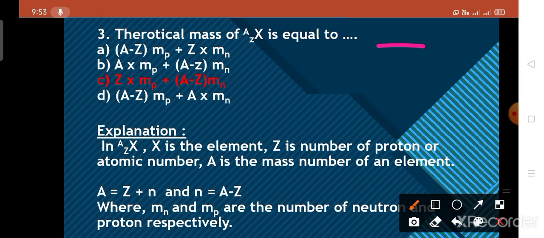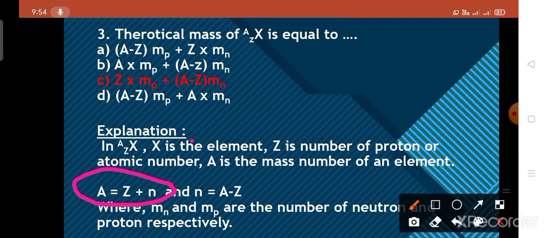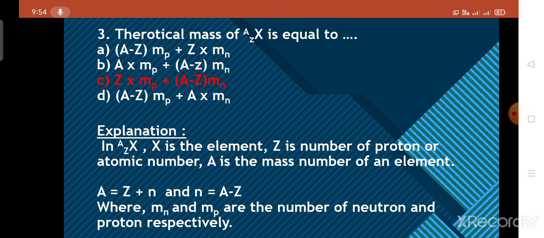Now the third MCQ: the theoretical mass of an element X is equal to. Here X is the element, Z is the number of protons or the atomic number, and A is the mass number of the element. The relation between atomic number, mass number and neutron number we can see with the help of this equation, and the number of neutrons we can calculate using this equation: N is equal to A minus Z, where N is the number of neutrons.